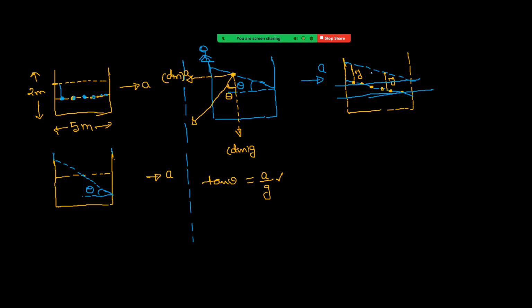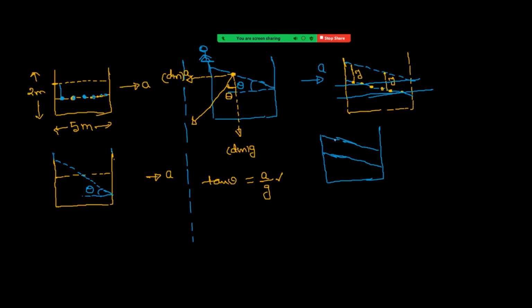Next, in this case, see how we are calculating pressure. Suppose we are taking a layer which is parallel to the free surface.